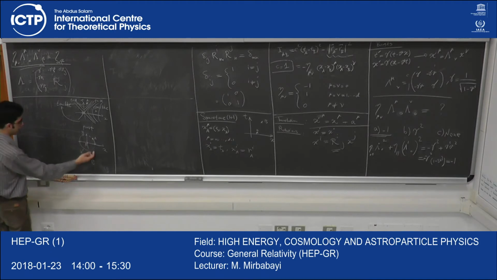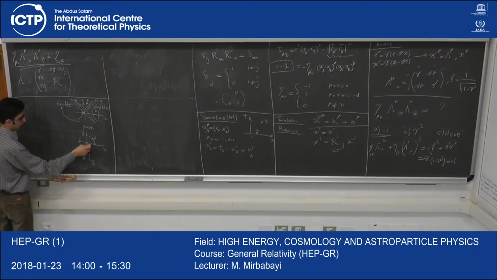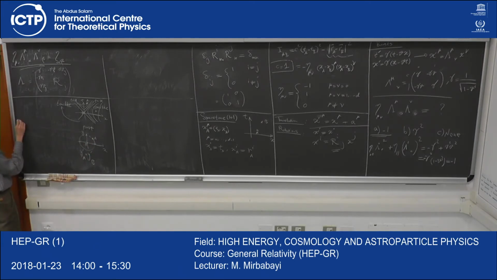So for instance, here, what would be the rotation that makes y a prime equal to y b prime? What we learned was that y a prime minus y b prime was equal to y a minus y b times cosine theta plus x a minus x b times sine theta. So if we want this to be 0, that tells us the rotation angle.